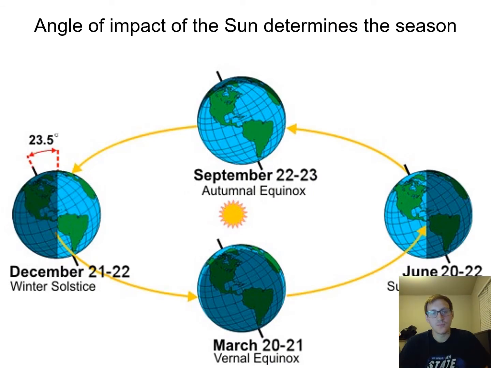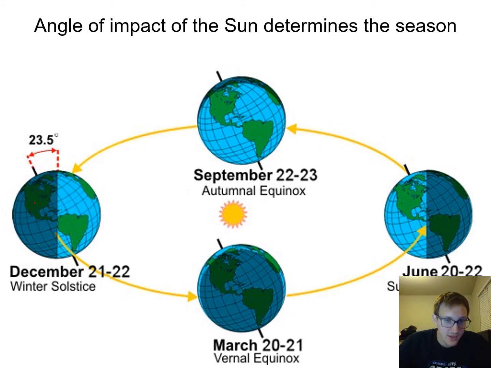A way to describe this is that the angle of impact of the sun determines the seasons. If you imagine the sun being in the center and we orbit around it, here in December, the winter solstice is between December 21st and December 22nd. North America is about where I put the dot, somewhere over there.